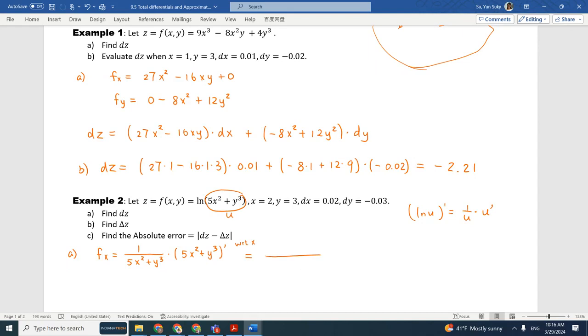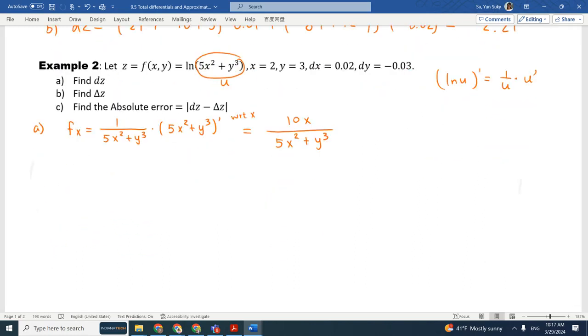By the way, what's the derivative of 5x squared with respect to x? 10x. The derivative of y cubed with respect to x? 0. Yes, so y is like a number. We get 10x over 5x squared plus y cubed. Is that okay, everybody?